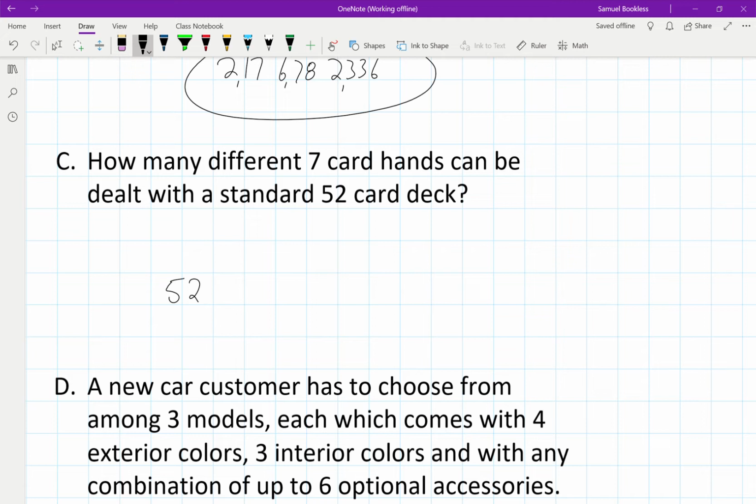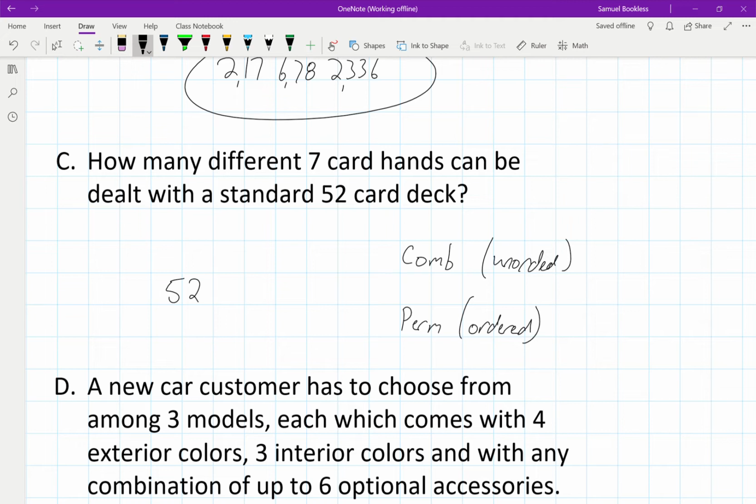Combination is unordered. The order in which I choose them does not affect the outcome. Permutation is ordered. The order in which I choose them will affect the outcome.